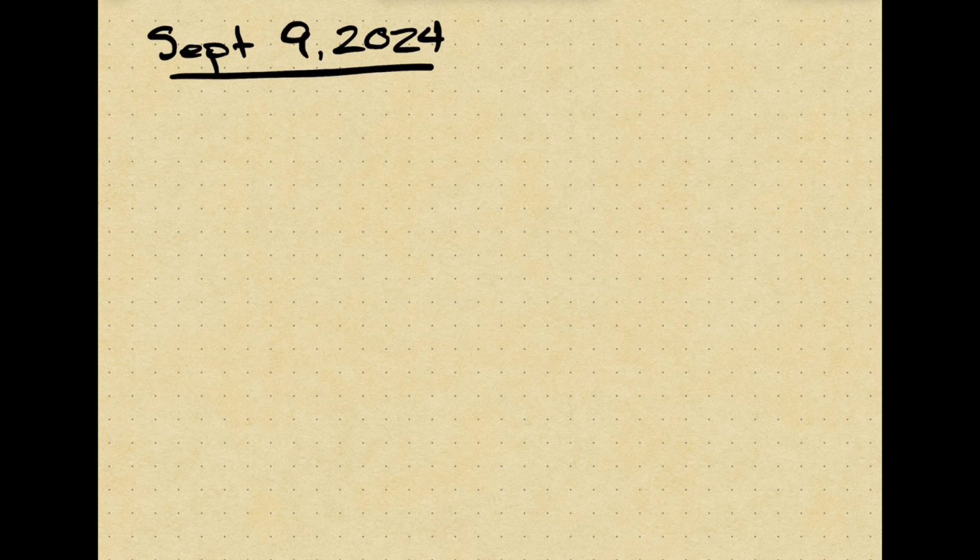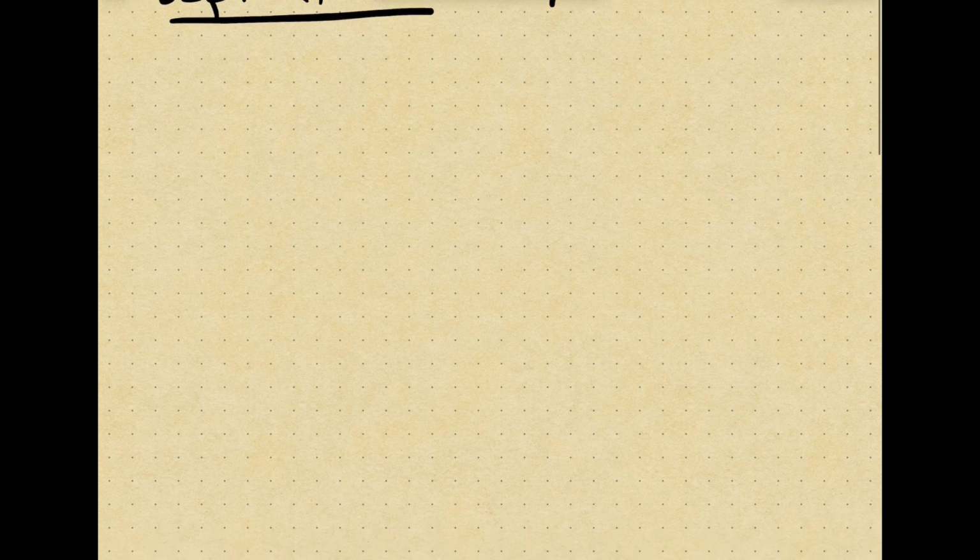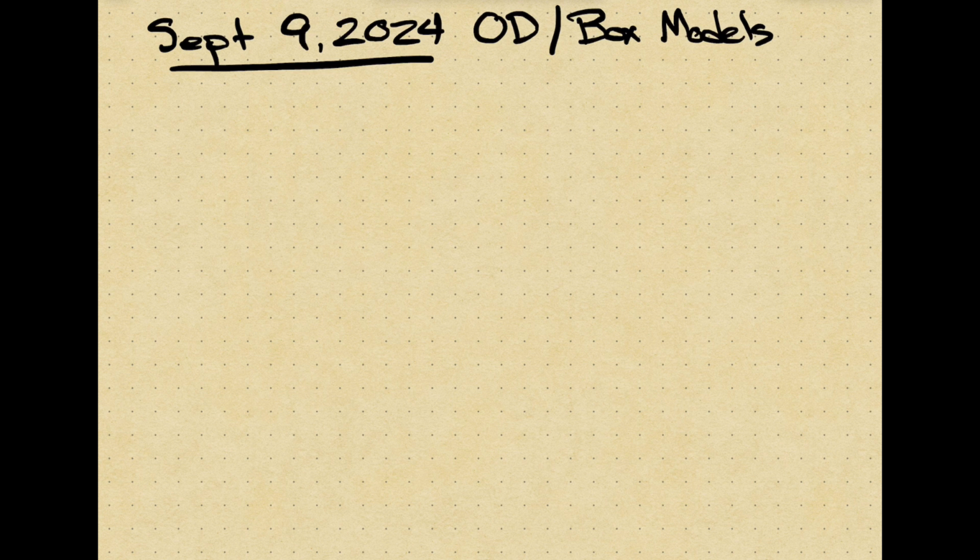Okay, so the topic today, September 9, 2024, is 0D or box models, okay? And we'll maybe look at a couple, but I do want to start off with the one that is in the problem set, right?